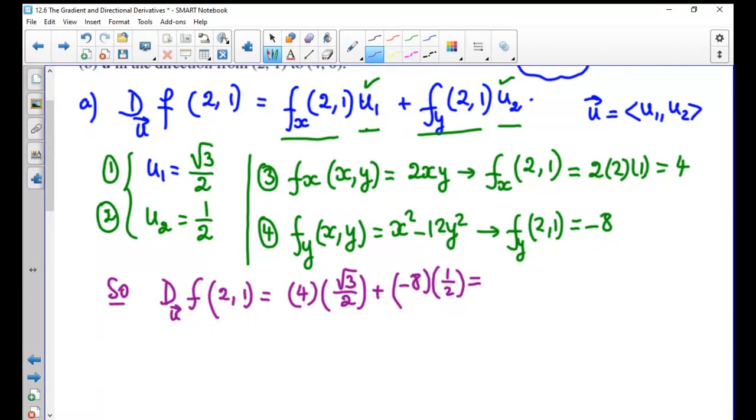And I think if you do this calculation, you will see that it's going to give you roughly minus 0.5. Are we okay with this?